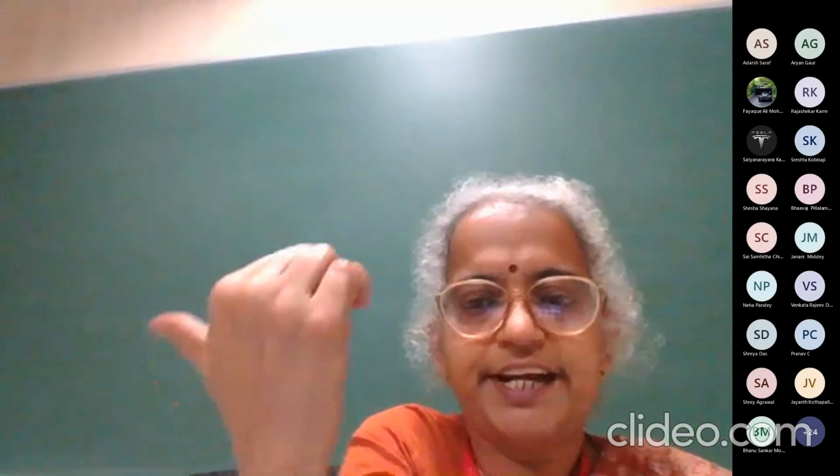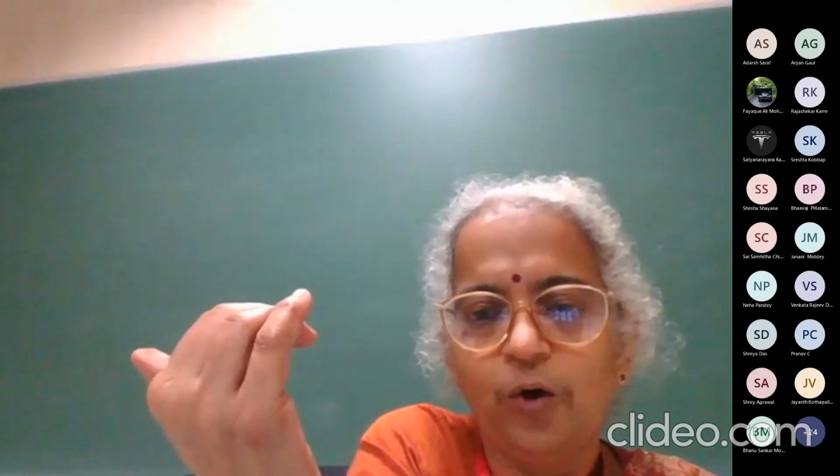If the current is shown by the dot, then the current is facing me, and the magnetic field line is indicated by the direction of the thumb. So this is generally the thumb rule for the magnetic circuit. If the dot indicates the current coming out, then the thumb shows the direction of the magnetic field.